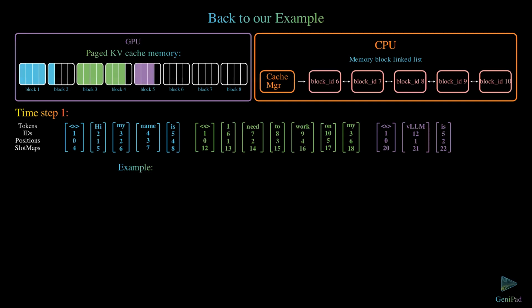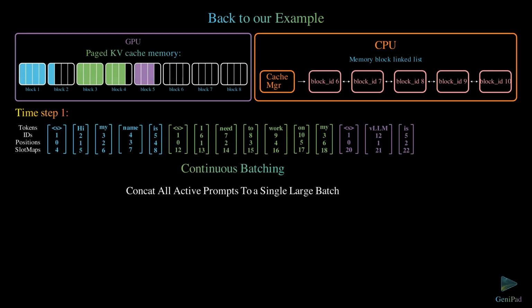Now let's reverse the process. Given a logical address, we find its physical location. For example, logical address 17 divided by the block size, 4, gives the block ID, and the remainder gives the offset within that block. All these tokens are then concatenated into a single continuous batch and sent to the model executor.